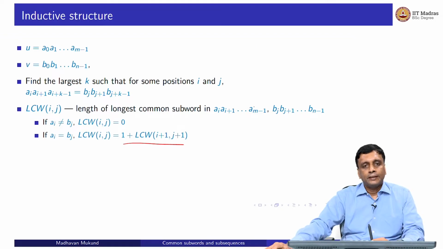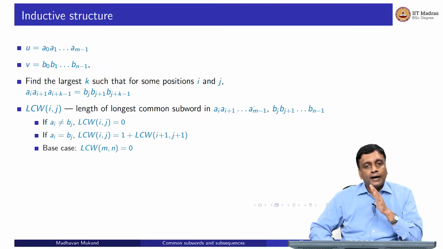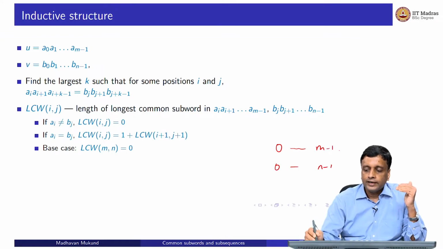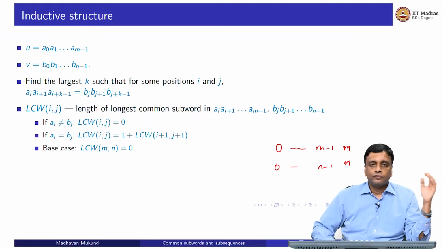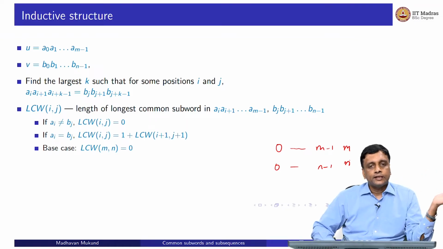Then what about the base case? The base case is when one of the strings is over. Remember that the indices are 0 to m minus 1 and 0 to n minus 1. So when I reach index m or index n, I have gone beyond the word, I have exhausted that word. So the base case comes when I am looking at the empty string on either side.